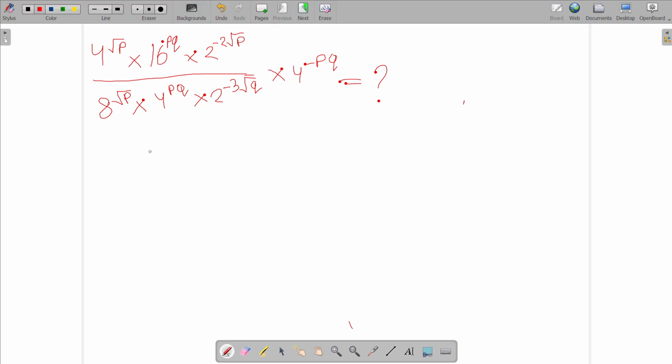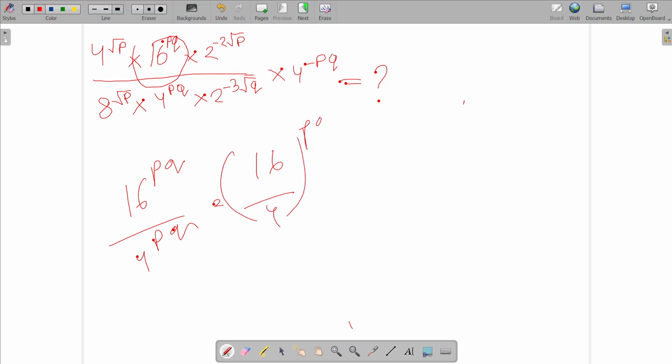In our case, we have 16 to the power p cube divided by 4 to the power p cube. We write it as 16 divided by 4, all to the power p cube. 16 goes against 4 four times, so 4 to the power p cube would be the resultant value.